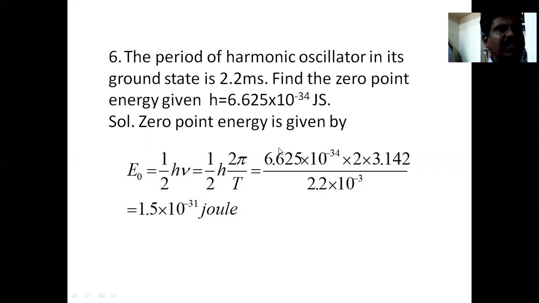So here you are asked to calculate, given the period of harmonic oscillation in the ground state is 2.2 milliseconds, the time period. Find the zero point energy. So you are asked to calculate the value of E0.